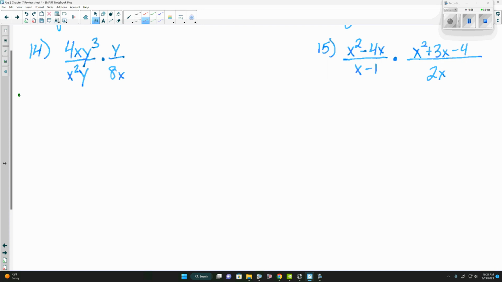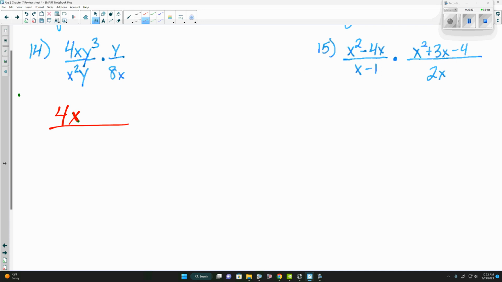14 next. Now when we look at this one here, we multiply, and with monomials, meaning individual terms, these monomial rational expressions, there's no addition or subtraction in any numerator or denominator. We can go on and multiply them together. Now the only number on top is 4, so we just have 4. x is the only x on top, but we do have y to the third times y.